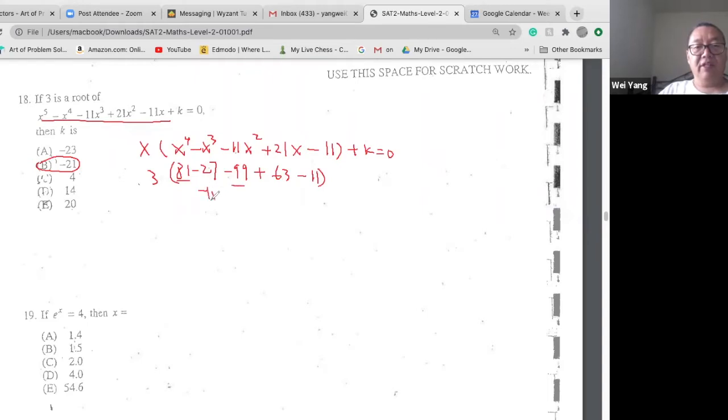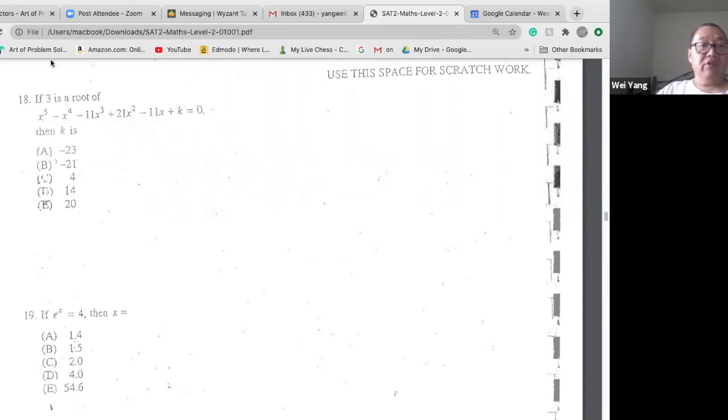Negative 18 plus negative 27 will be negative 45. Negative 45 plus negative 11, you get negative 56. Then add 63, you get positive 7. 7 times 3 is 21, then negative 21. Yes, you're right. Very good.